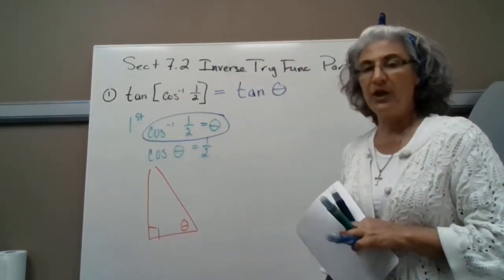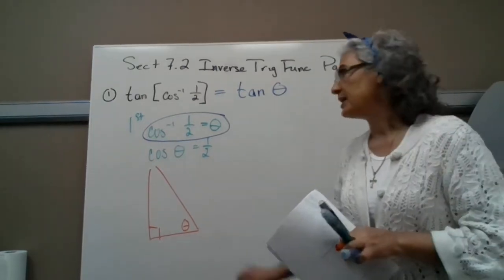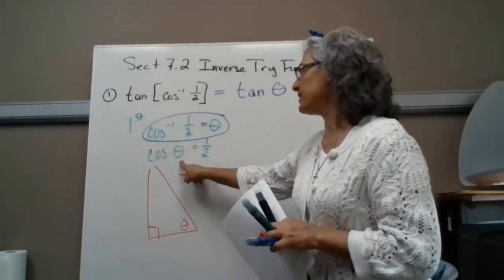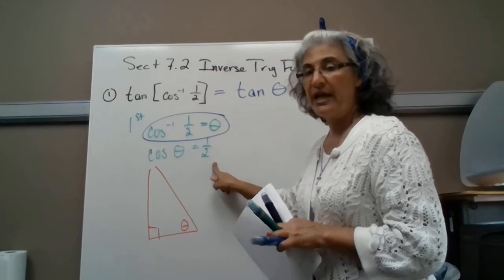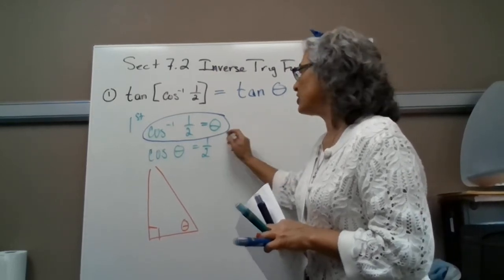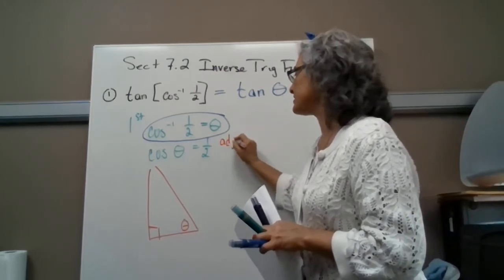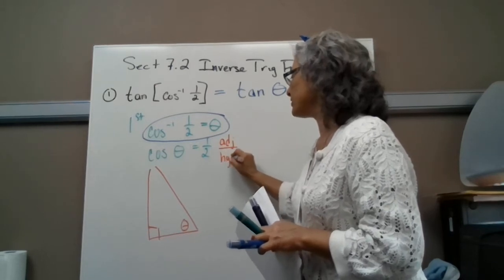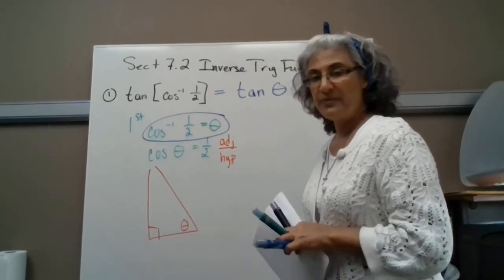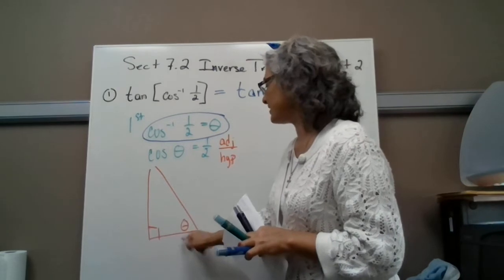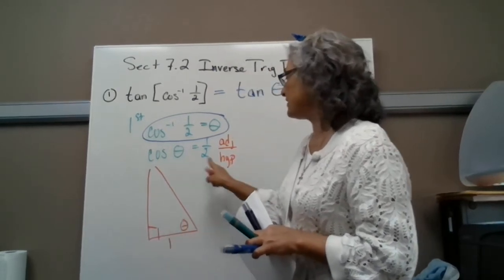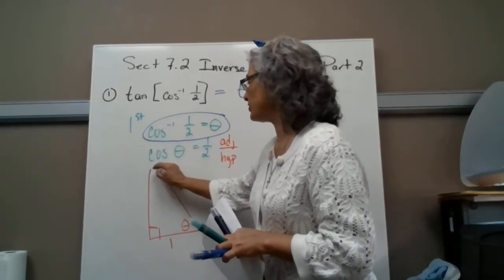But what I do know is that the cosine of theta equals 1/2. And when I'm on a triangle, cosine is the adjacent side over the hypotenuse, which means the side adjacent to theta is going to be 1. The hypotenuse is going to be 2.